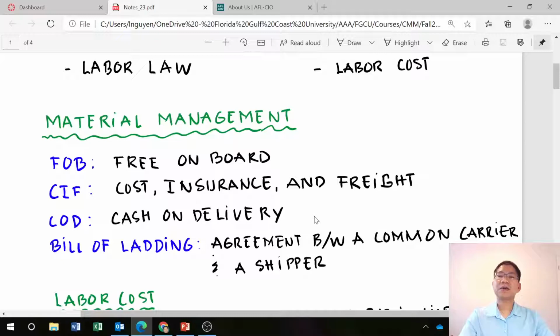The first is free on board, which is FOB; CIF, cost, insurance, and freight; and COD, cash on delivery; and bill of lading, an agreement between the common carrier and the shipper. Those are important to determine who is liable during the transfer of the material, the product, from the manufacturing plant to the construction site.